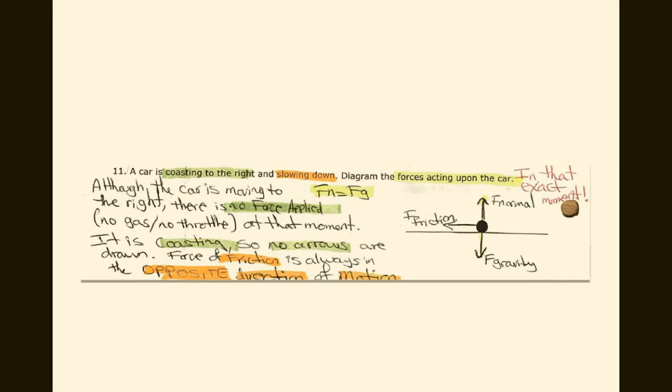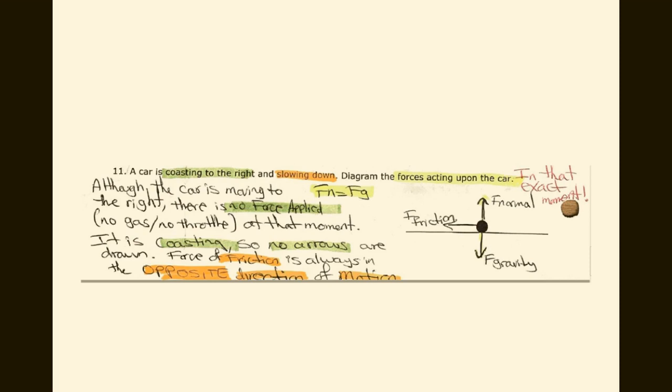Okay, so here's my basic explanation. Although the car is moving to the right, there is no force applied. Technically, you could call this F thrust, because F thrust is for engine combustion and so on. So there's no gas, no throttle being applied by the driver. It's coasting, so no arrows are drawn. And force of friction is always in the opposite direction of motion.